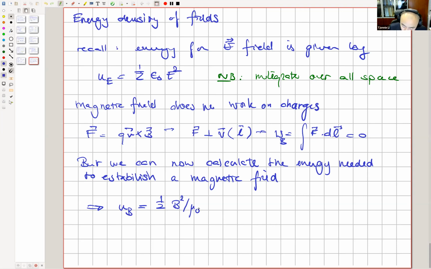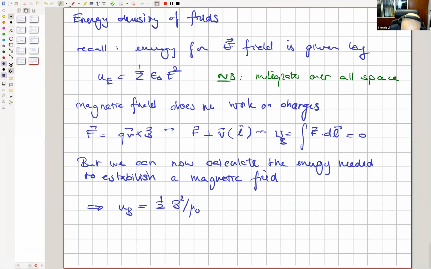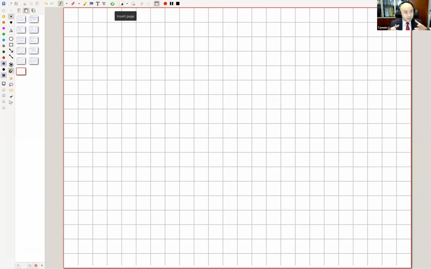So the setup that we're going to consider is as follows. Let's consider a kind of solenoid, but now wrapped around a square faced cylinder. So let me draw the situation out.